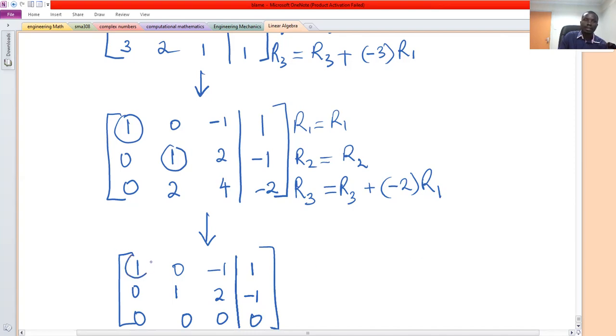So this is a leading one, and this is a leading one. Remember, this column is for C1, this for C2, this for C3. So that tells us that C3 is a free variable.